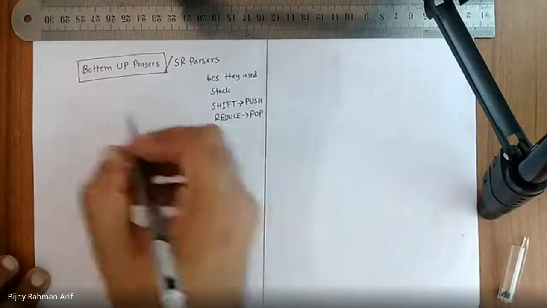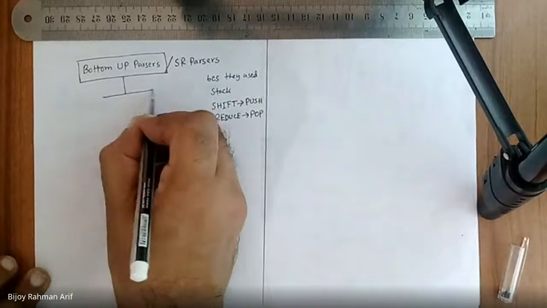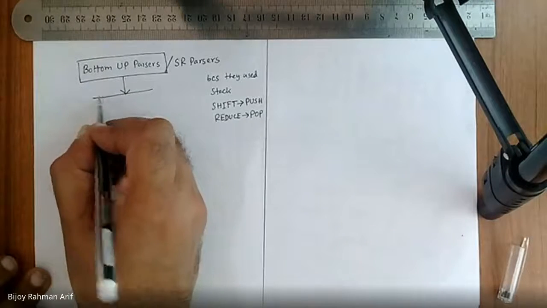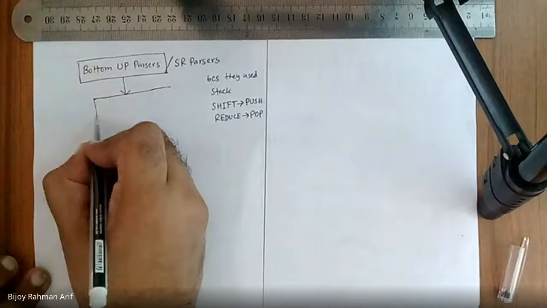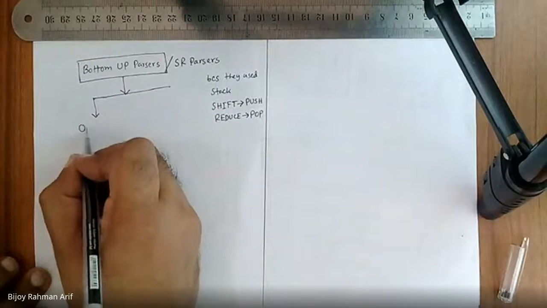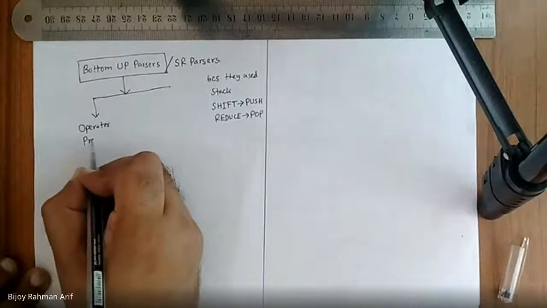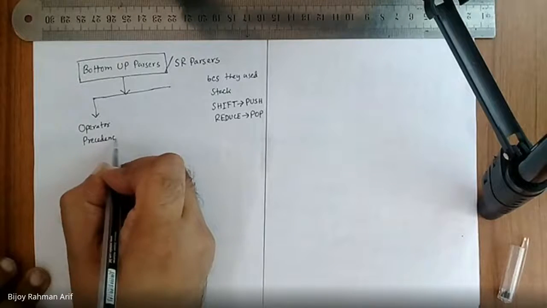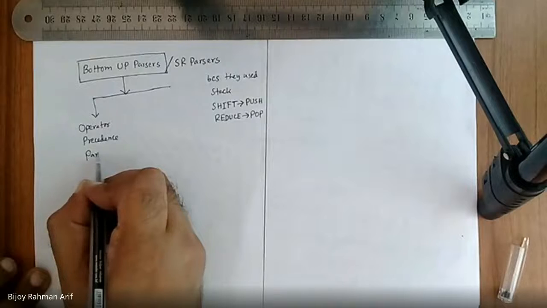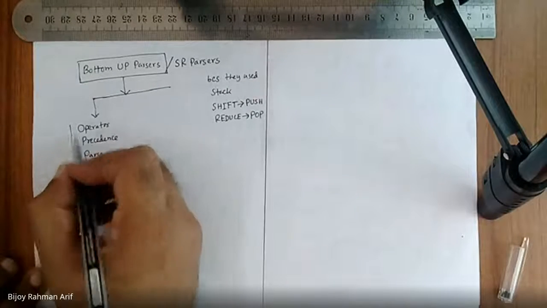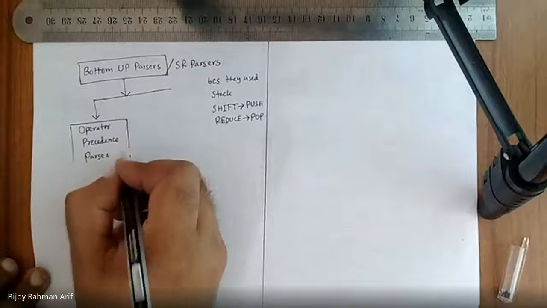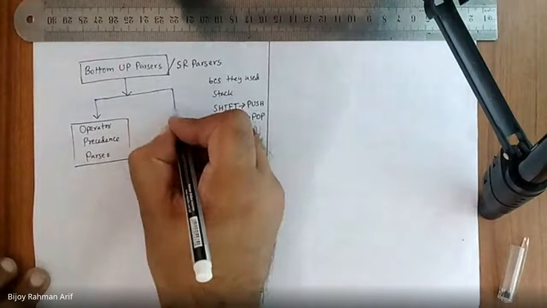Then we can classify the bottom-up parser into two large categories. Number one is operator precedence parser, and second one is LR parsers.